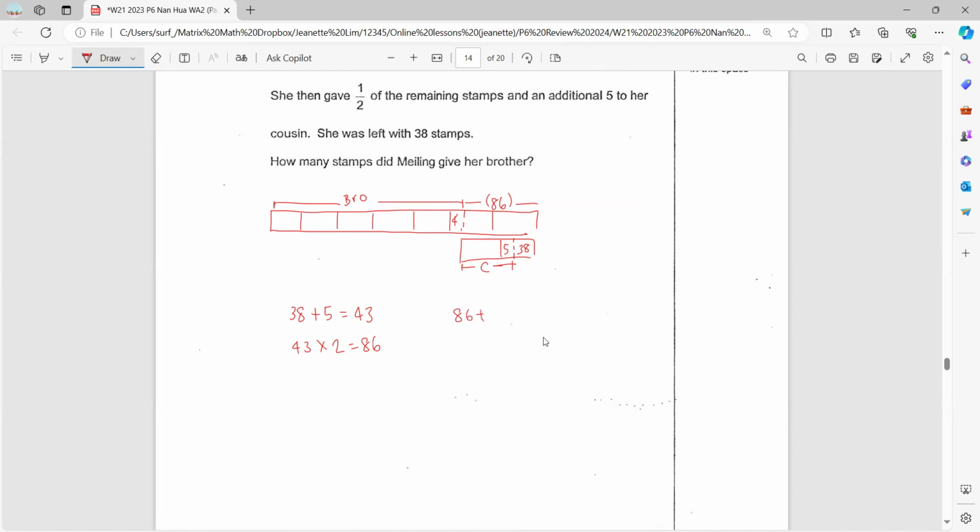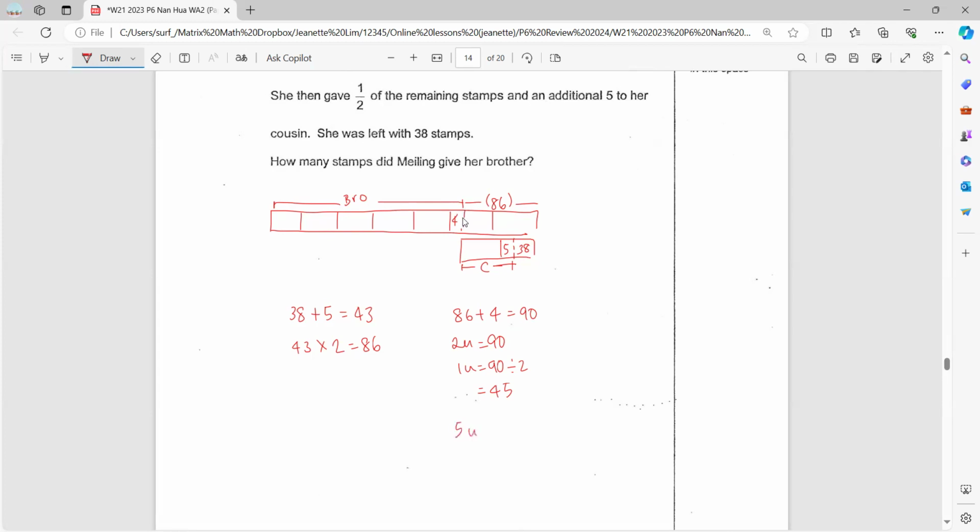Add 4, which is 90. 90 is actually 2 units. So find 1 unit, 90 divided by 2, which is 45. How many did she give to her brother? We're not finding the total of what she gave to the brother. The brother received 5 units plus 4.